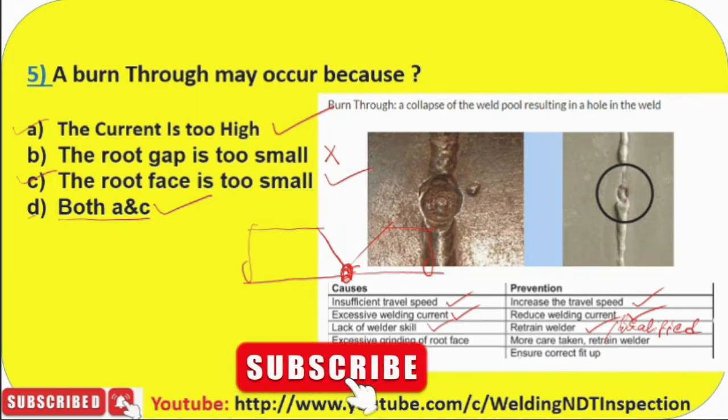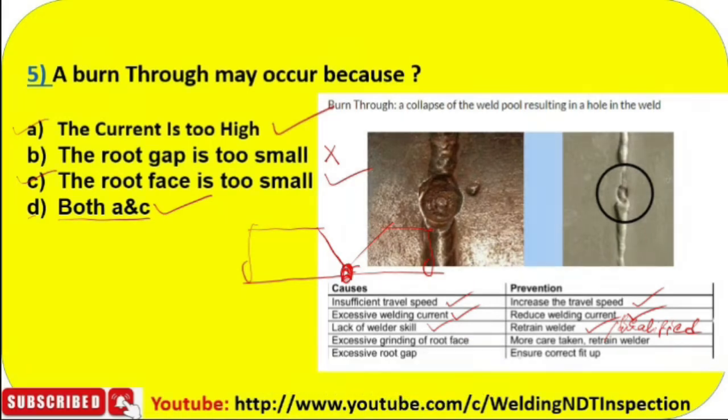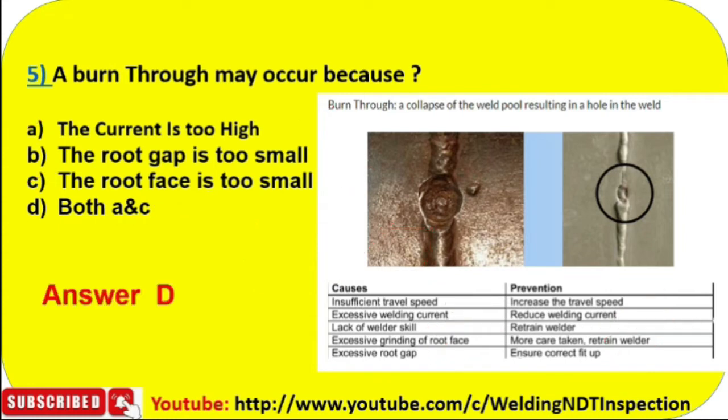Excessive grinding of the root face: if the root face is excessively ground, the root face becomes too small, then burn through could be generated. Excessive root gap: ensure correct fit up. So we have to check fit up first, that the root gap is within the acceptable tolerance limit, then we can proceed to the next run. So the answer will be D. D is the correct answer, both A and C.